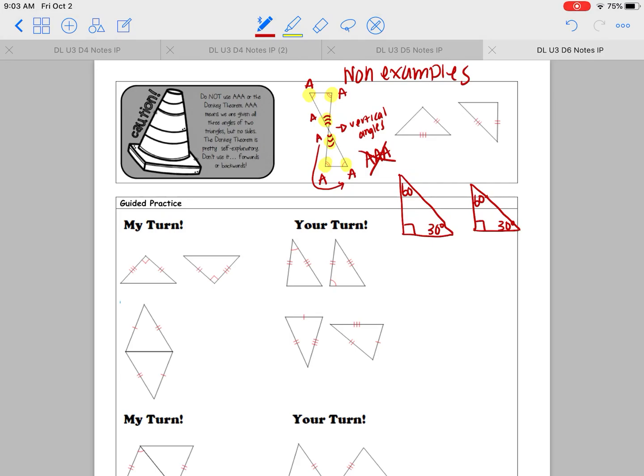These two triangles will be similar because they're exactly the same shape, but they're two right triangles whose sides are going to be different lengths, right? So they have different sizes. Because of this, having angle, angle, angle is not going to be enough information for you to determine that two triangles are congruent, that they're exactly the same size and same shape.